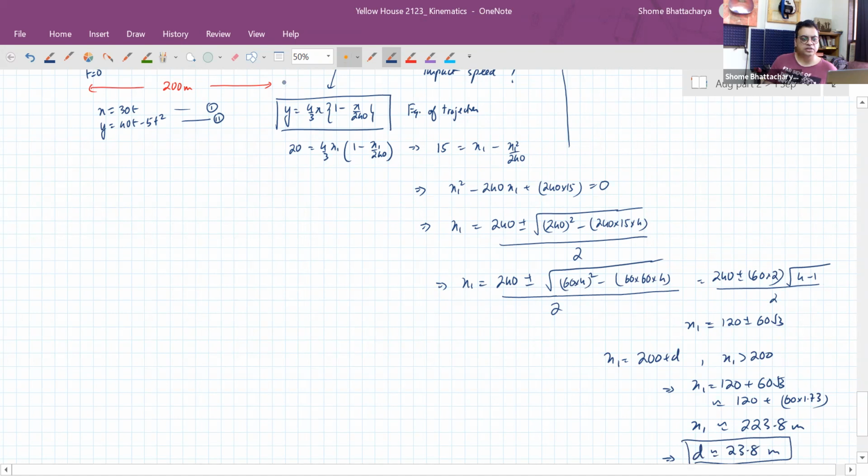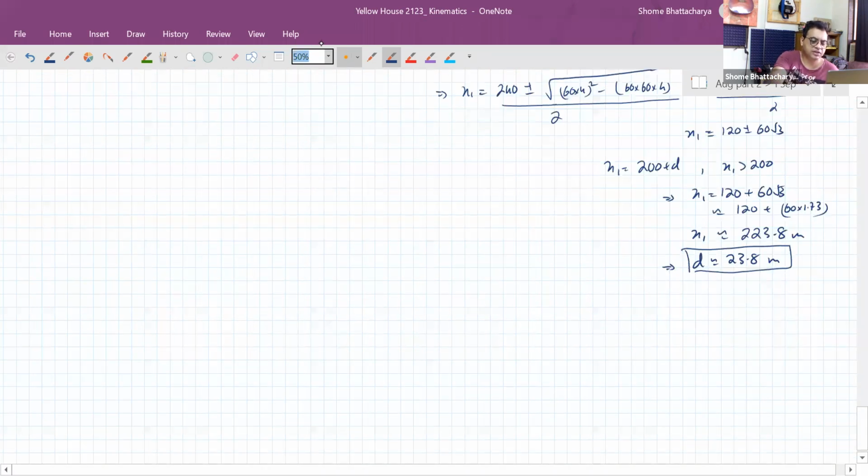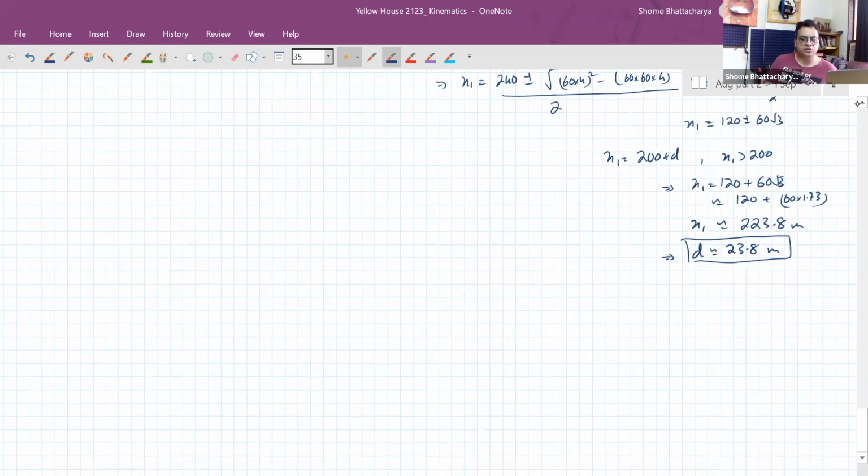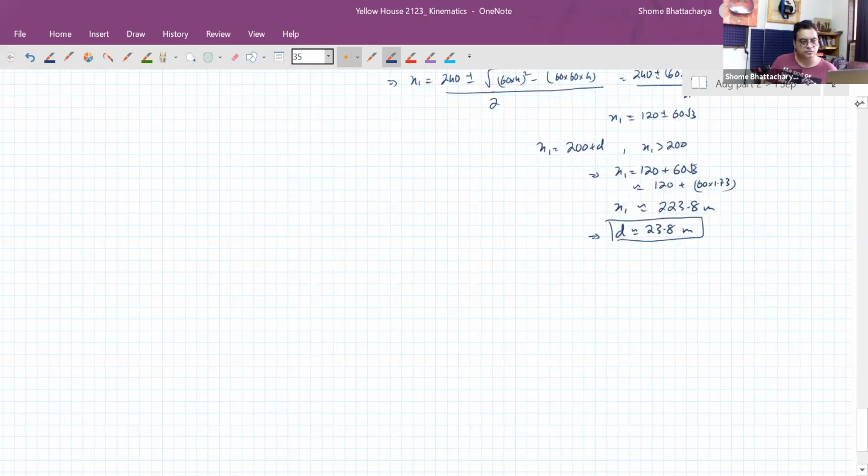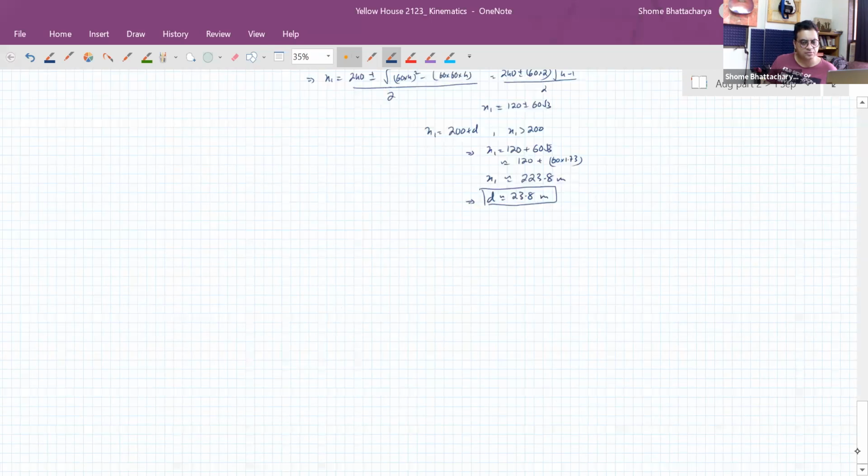So this is one very efficient way of doing this question using the equation of trajectory. Otherwise, you can use the time-based equations also, and I'll leave that part of the solution to you. Now what else did we want to calculate? We wanted to find the time.